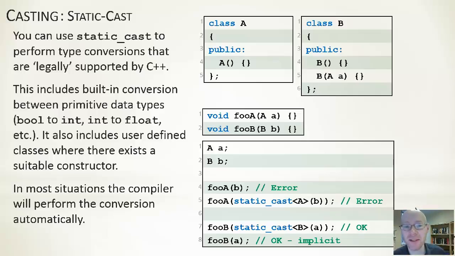We've got two classes, class A and class B. So class A is defined to have one no argument constructor just for A itself. In class B, we've got a couple of constructors. We've got the default no argument constructor, and we've got a parameterized constructor B that can enable a B instance to be constructed using an A instance.